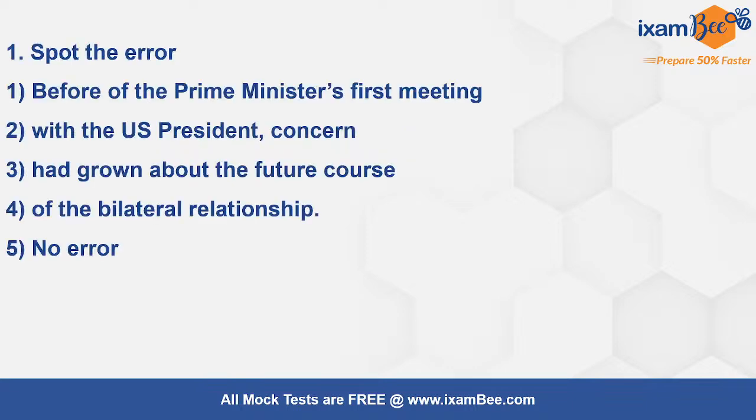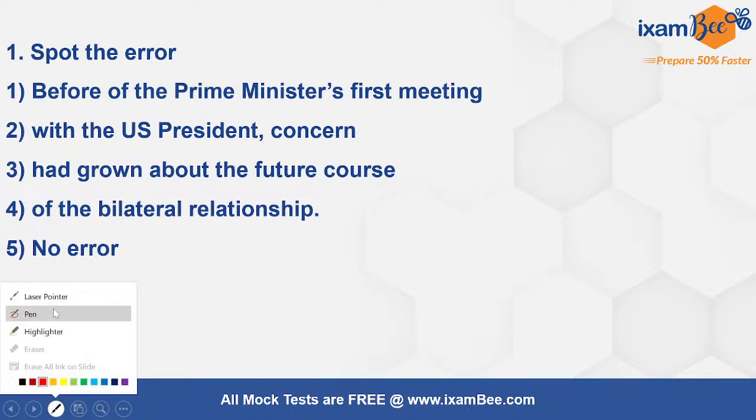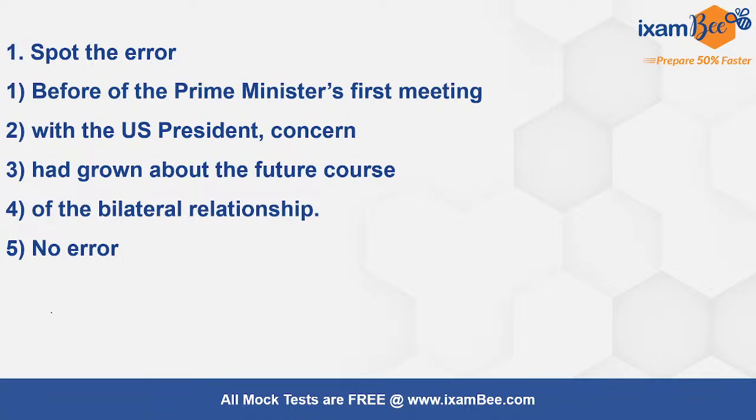So, moving on to the first question, here you have to spot the error, and here the sentence is divided in parts. This is one sentence, right? And it has been divided in parts, and any one of these parts, 1, 2, 3, 4, may contain an error. So you have to see which of the parts contains an error, right? Now when we read this sentence, it says, before of the Prime Minister's first meeting, right?